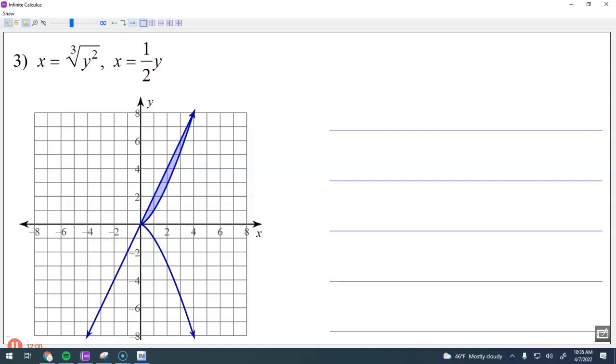From negative 0, it should be a minus b, like in my head. No, it shouldn't be. It should be b minus a.